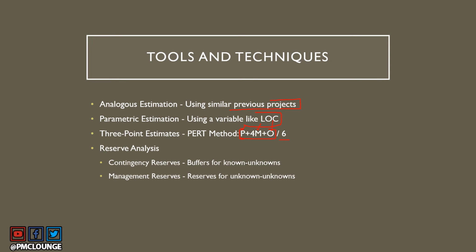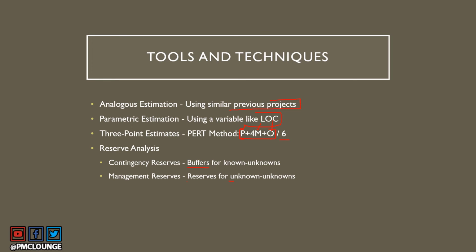And finally, reserve analysis. There are two types of reserves. One is contingency reserve. That is where you take buffers for known unknowns. There are risks that you already know of, but you don't know if they are going to materialize or not, and that is why you have some contingency reserve in place. Money, that is buffer. And then you've got management reserves.